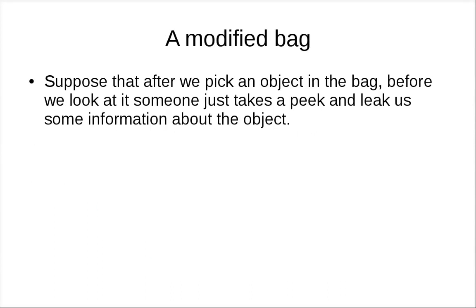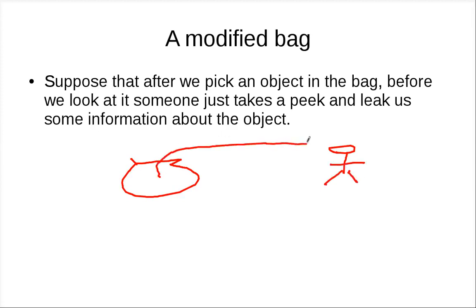All right. So we will look at a modified situation. Previously we have a bag, right? And we pick something from the bag and take a look, okay? Now someone just came here and took a look at the object for us first, okay?